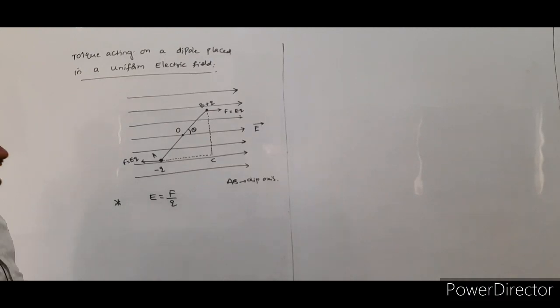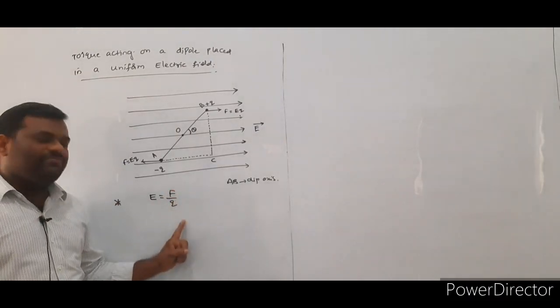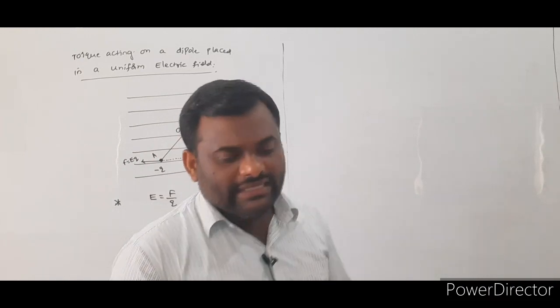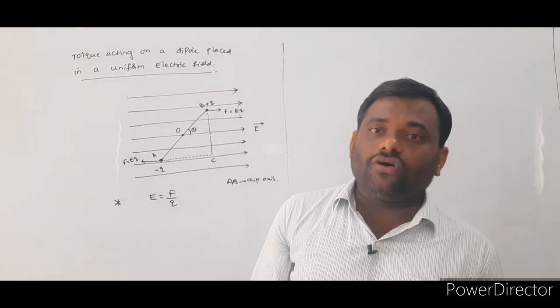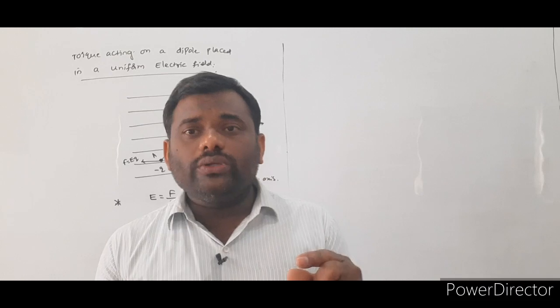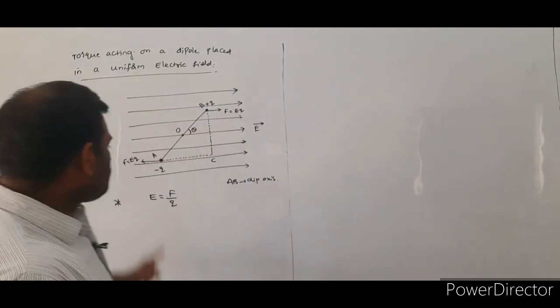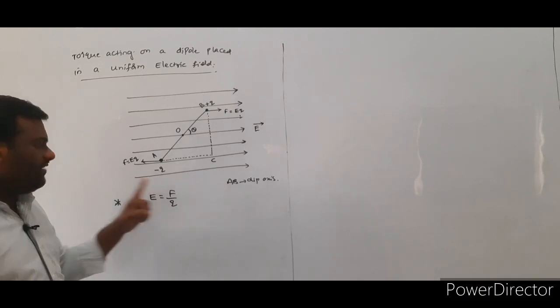From the definition of the field intensity, E is equal to F by Q. Electric field intensity is nothing but the force experienced by the unit positive charge. So we write E is equal to F by Q.